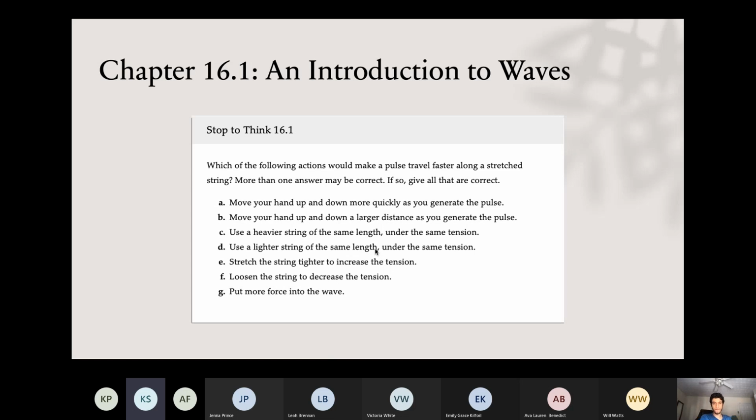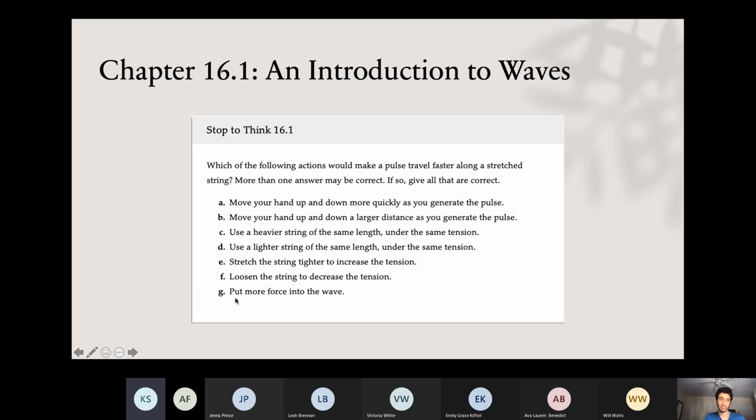Yes or no? Yes. What about if you loosen the string to decrease the tension? Would that increase the speed? Yes and no. Well, I assume people know no.